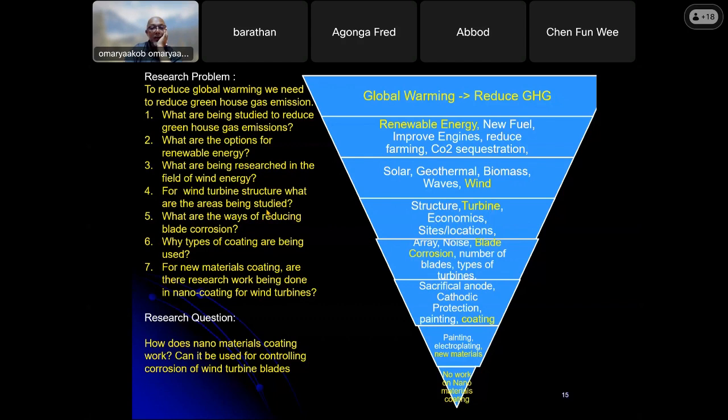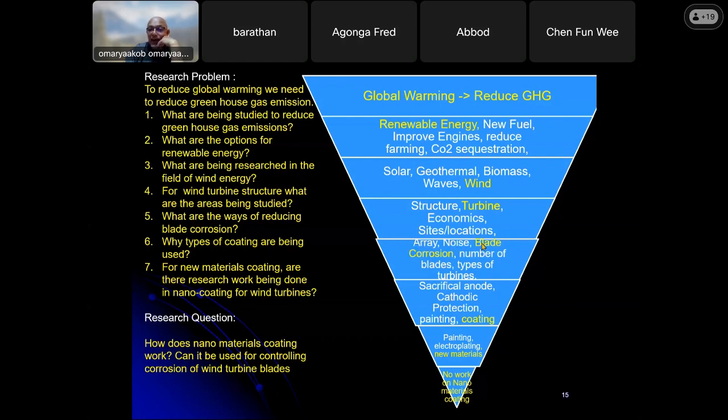So what is being done? What are the areas being studied for wind turbine only? These are the things people are looking at: noise, blade corrosion, number of blades, types of turbine. Some people look at number of blades, some at type of turbine, some at noise, some at arrays.